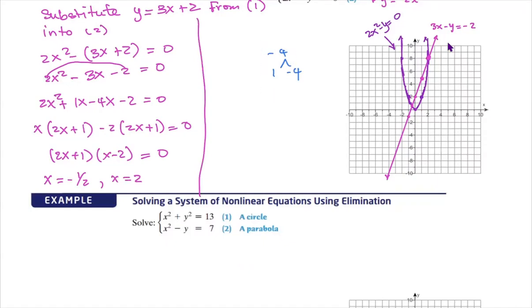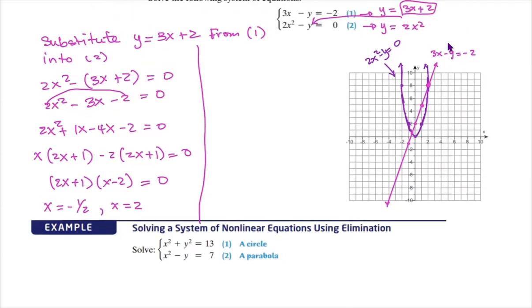With that, we would find the y's by plugging into this equation here. So substitute x equals -1/2 and x equals 2 into y equals 2x squared.